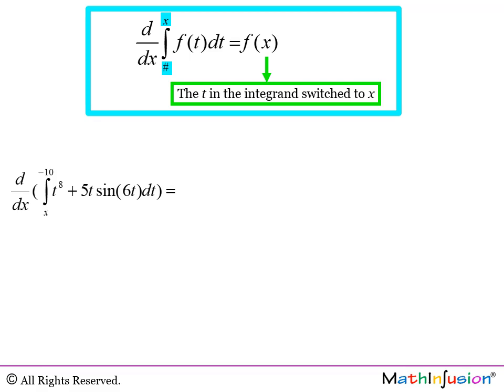Here are some combinations of the same theorem. Well, definitely I'm not going to do this directly, but maybe I can still use the theorem. The theorem is such that the lower limit of the integration is a number and the upper one is x. So I can just switch the limits of the integral.